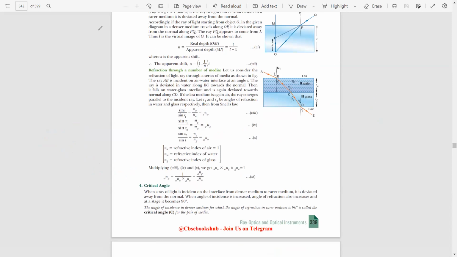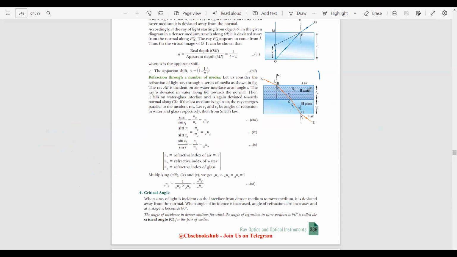Now refractive index through a number of mediums, meaning many mediums. 1, 2, 3. There are 3 mediums here. So consider a refraction of a ray of light through a series of mediums as shown in the figure. The ray AB is incident on air, water. Now we are starting with air and water.